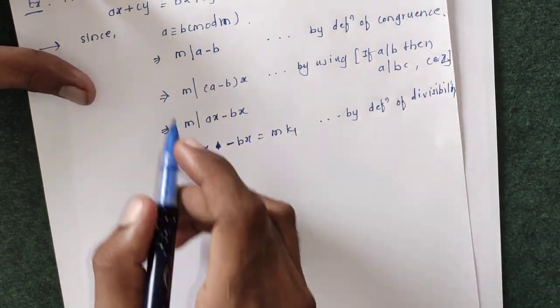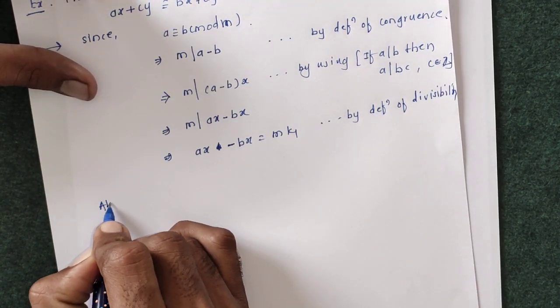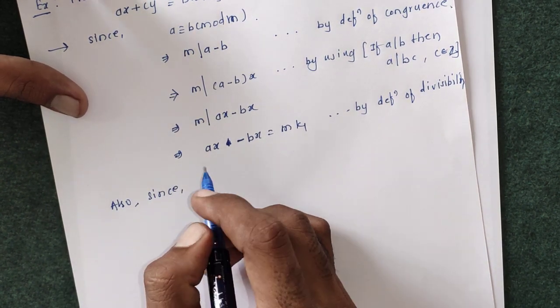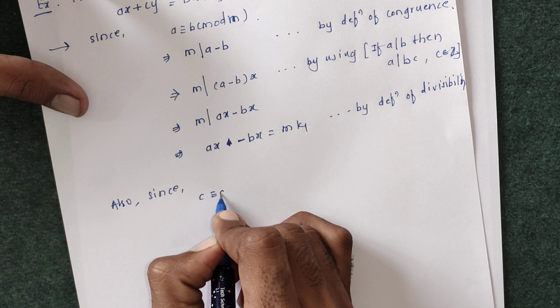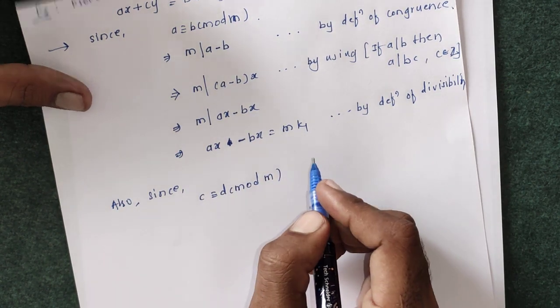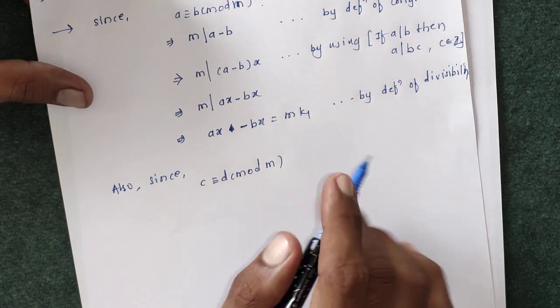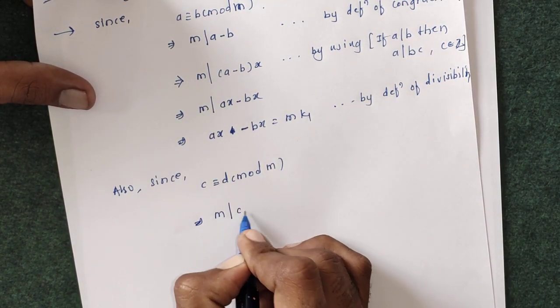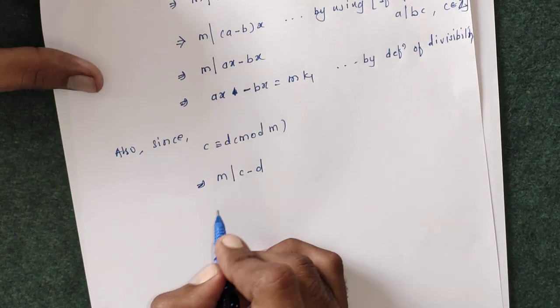Also we have given that C is congruent to D mod m. Now in similar manner we can write it as m divides C minus D by definition of congruence.